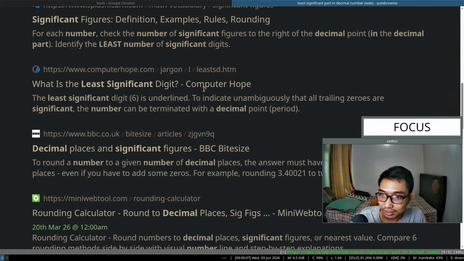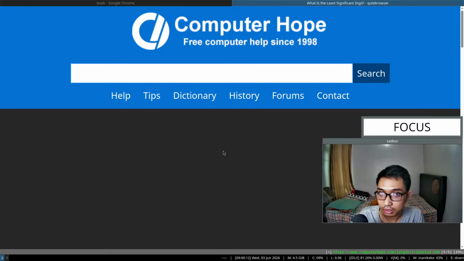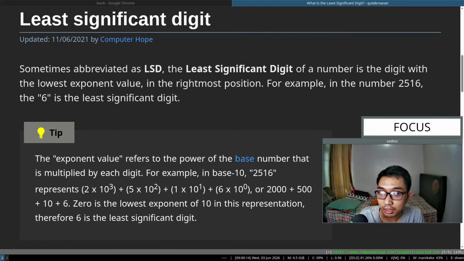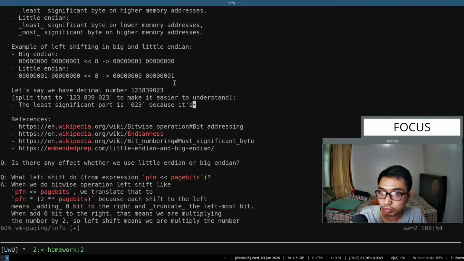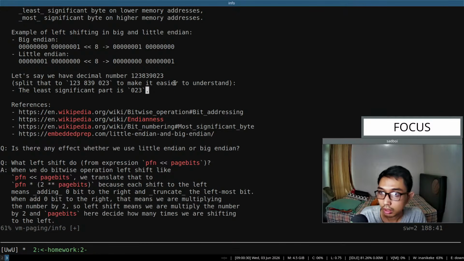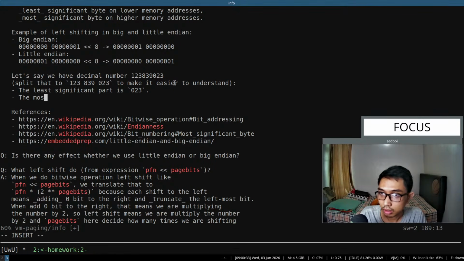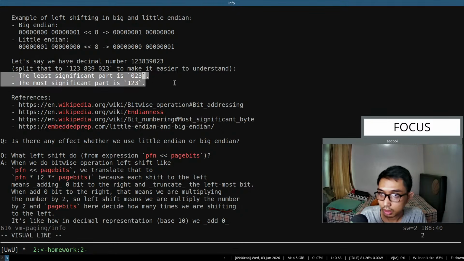Is that different? Let's try this one. Lowest exponent value in the rightmost position. And the most significant part is maybe something like this.